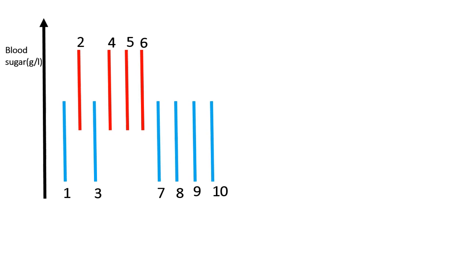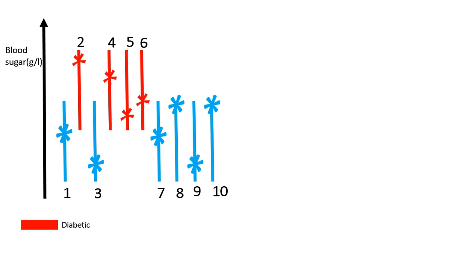Let's assume that at T0, that is before treatment, these are the measurements. The stars here represent the blood sugar level of each subject at the start point. Subject number 1 has a star very high compared to subject number 3, and that of subject number 2 is extremely high.